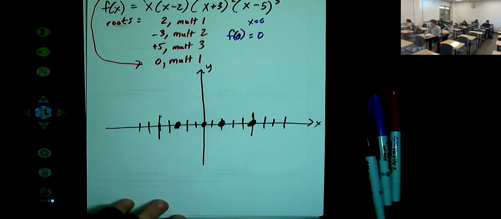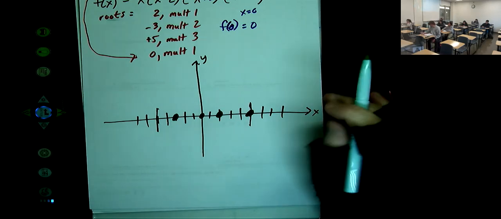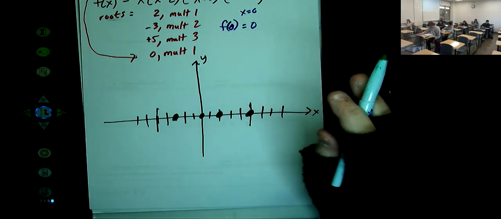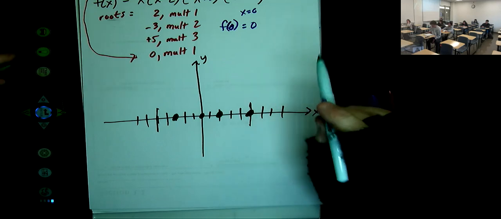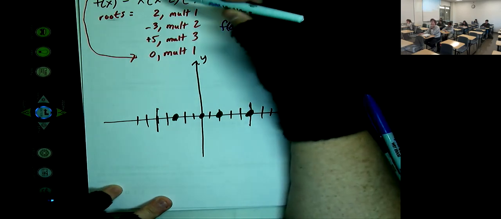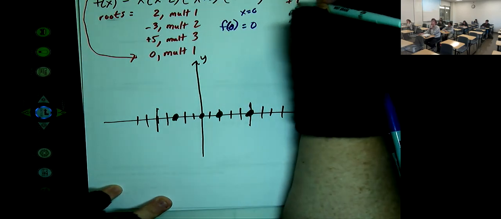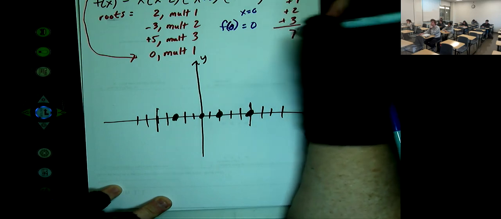All right, so what's going on in each one? What's my end behavior? This is where I have to start. If I multiply this out, what is my end here? Well, I've got a 1 on this one, I've got a 1 on this one. 1 + 1 + 2 + 3 is 7.